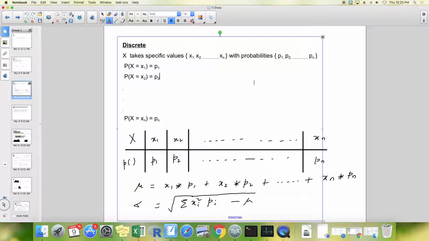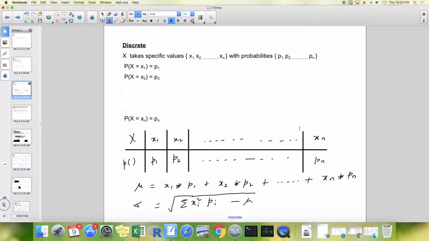That means probability x equals x1 is p1, probability x equals x2 is p2, dot dot dot, probability x equals xn is pn. And all this can be given out in a table format, as is given out here. Also from this table, we can know the mean mu from this formula, which we did in exam 1, and we know the sigma given by this formula, also done in exam 1.